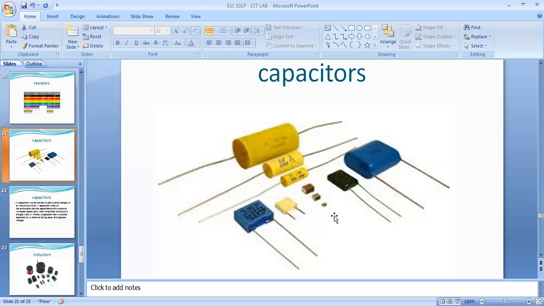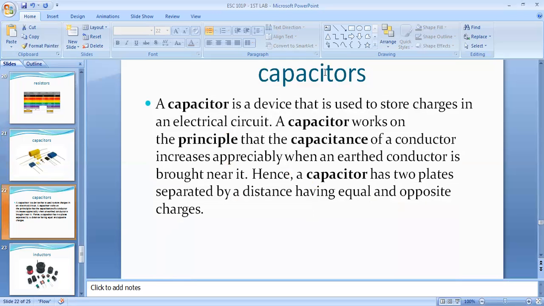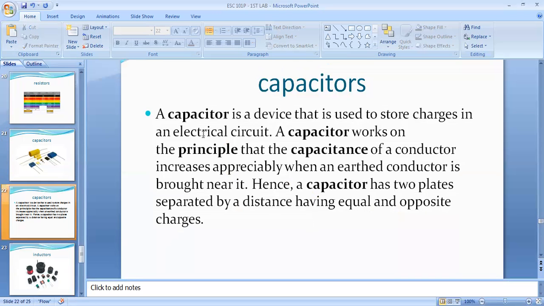It also helps the motor to give the starting torque. So this is the definition of a capacitor. We already discussed: a capacitor is a device that stores charge in an electrical circuit. The same thing, already discussed.